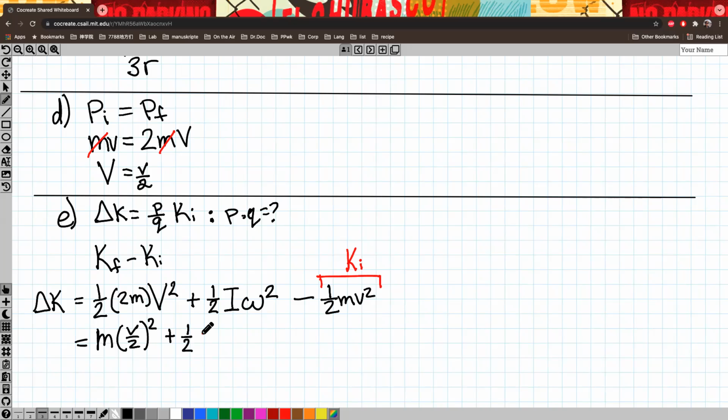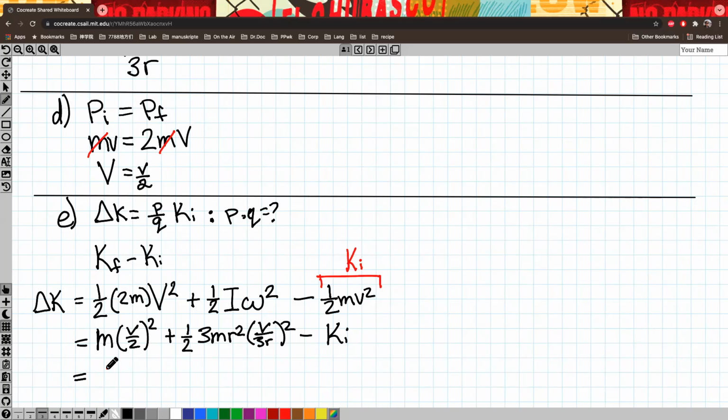So 3mr squared. And what about omega? We have v over 3r. Yeah, we calculated that in the last step. V over 3r squared, minus. It's all gonna work out.